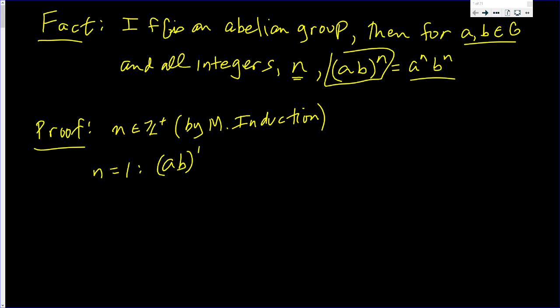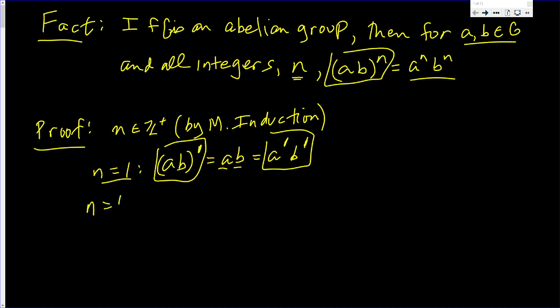(AB) to the 1 is just AB. But A is the same as A to the 1, and B is the same as B to the 1. So I have (AB) to the n is equal to A to the n times B to the n for n equal to 1. So I have my base case.